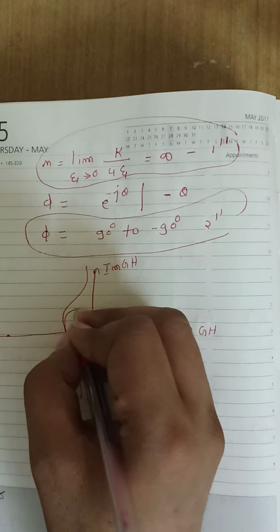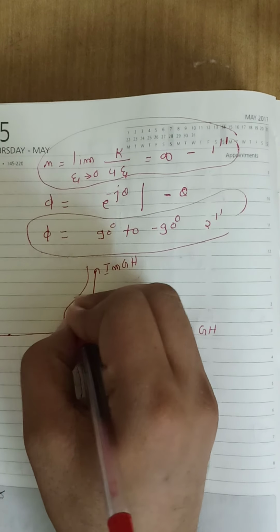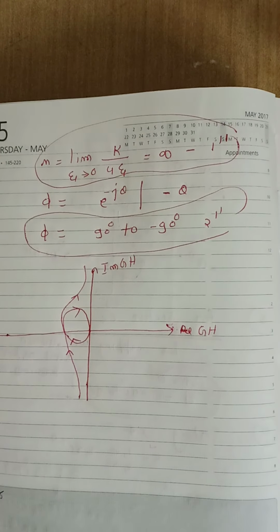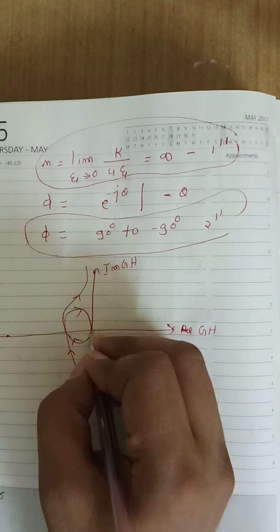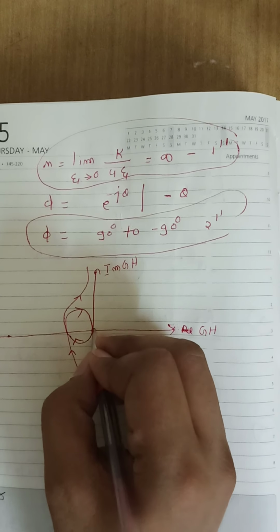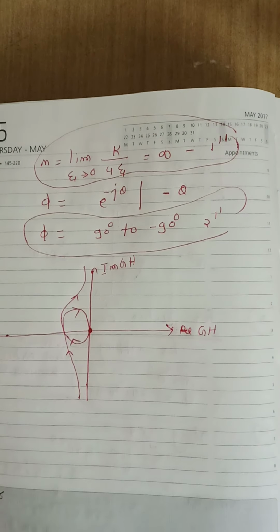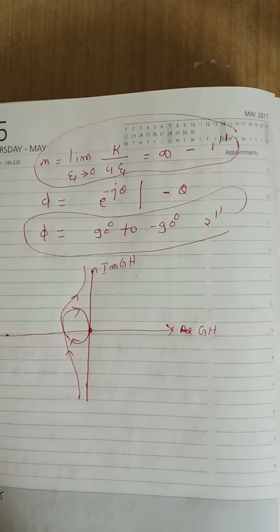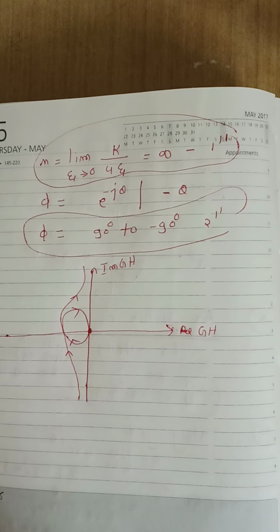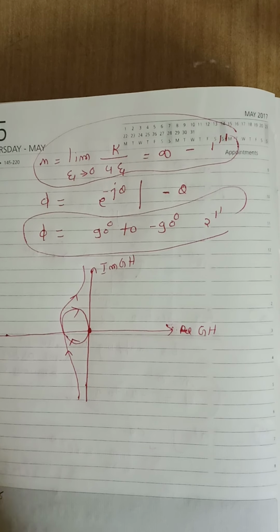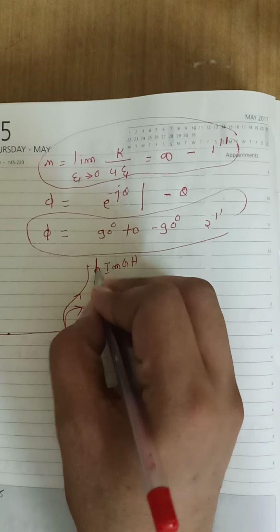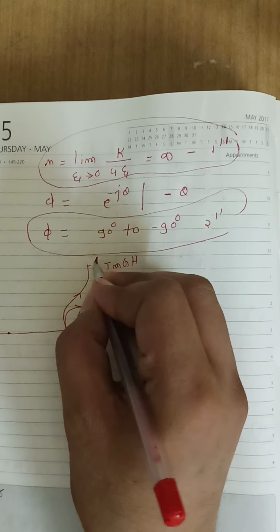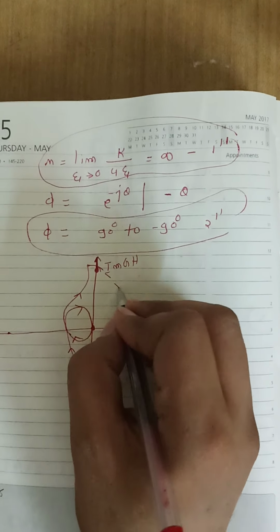Now let us define direction. Similarly for the second, let us define the direction. And for section C2 we have a point at the origin in the GH plane. For section C4 we have a semicircle of infinite radius. Phase angle will vary from plus 90 degree to minus 90 degree.